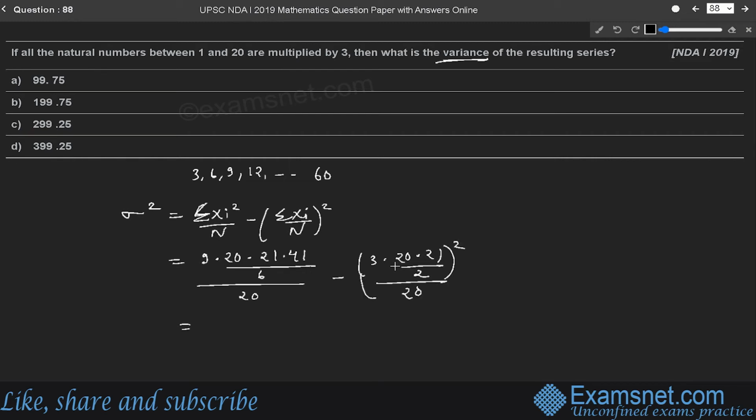On further solving, it will be equal to 63.41 upon 2 minus 63 by 2 whole square, which will be equal to 63.19 upon 4, which gives 1197 upon 4, which is equal to 299.25. So the value for the variance for the resulting series is 299.25. So the correct option here is option number C.